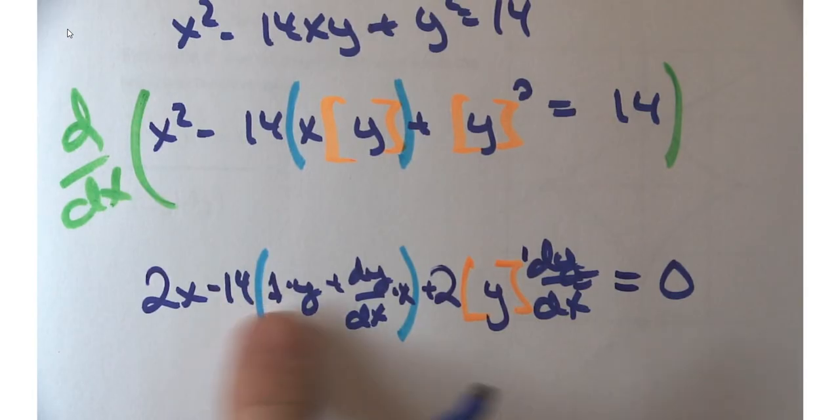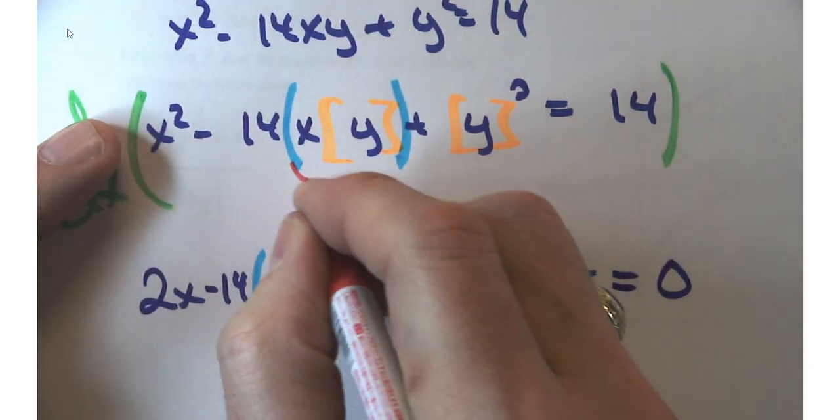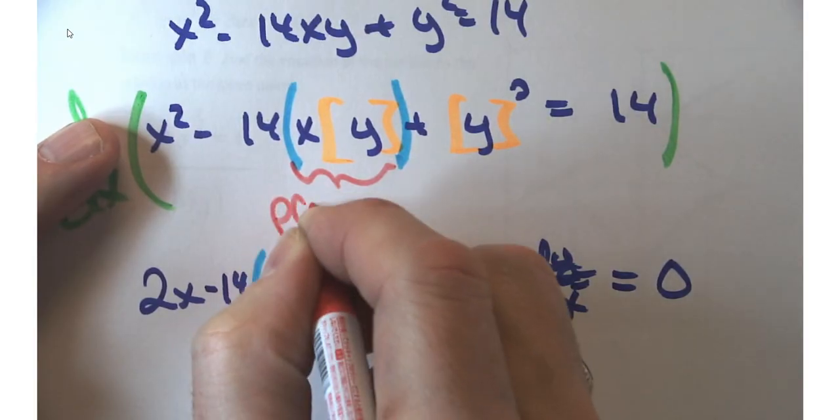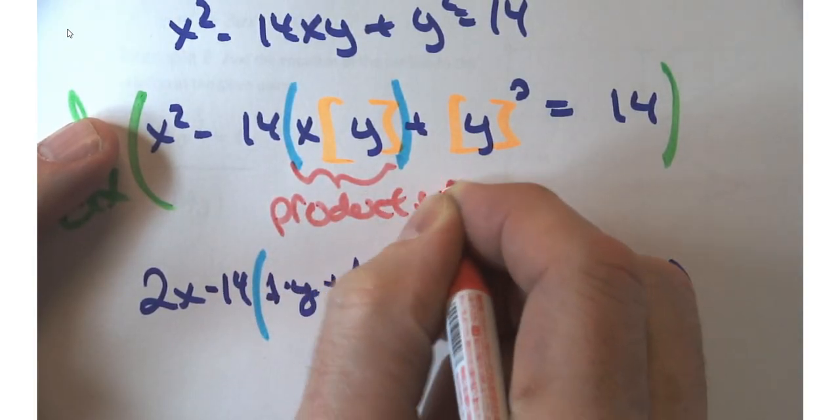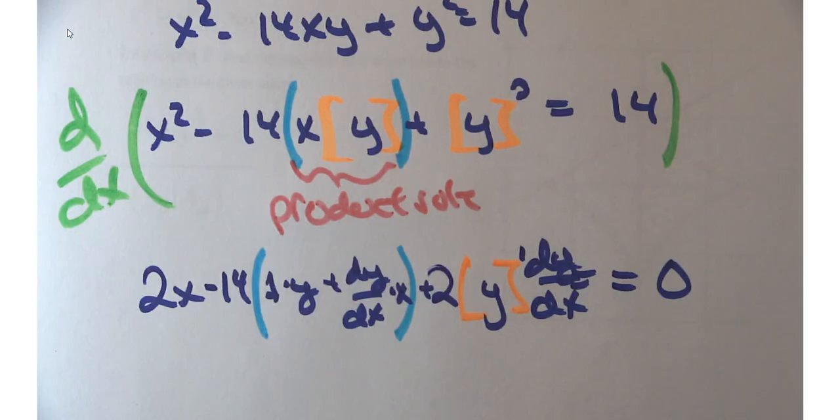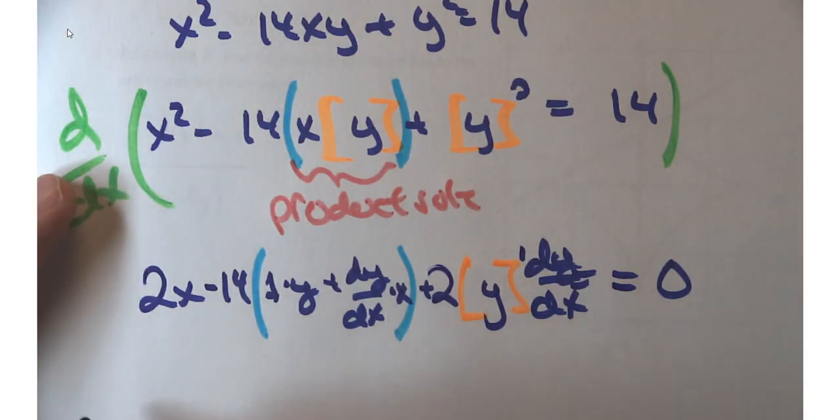Let me distribute that 14. I'm also going to put in here, just for your notes, we want to use the product rule. So you've got to use the product rule on that part. Let's distribute the negative 14.